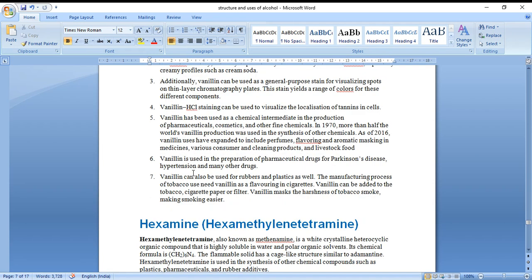Vanillin is used as a chemical intermediate in the production of pharmaceuticals, cosmetics, and other fine chemicals. It is used in the synthesis of various perfumes, flavorings, and aromatic masking in medicine, various consumer and cleaning products, as well as in livestock foods. Vanillin is mainly used for the preparation of pharmaceutical drugs for Parkinson's disease, hypertension, and many other drugs.